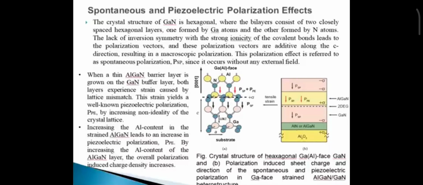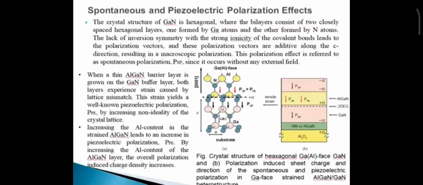By increasing the non-ideality of the crystal lattice, the piezoelectric polarization effect continuously increases. From the first diagram, increasing the aluminum content in the strained aluminum gallium nitride leads to an increase in the piezoelectric polarization. With increasing aluminum content in the aluminum gallium nitride layer, the overall polarization is equal to the spontaneous polarization plus the piezoelectric polarization.